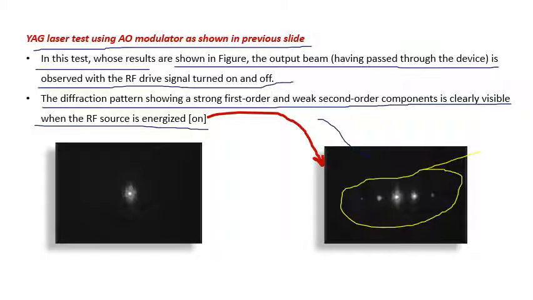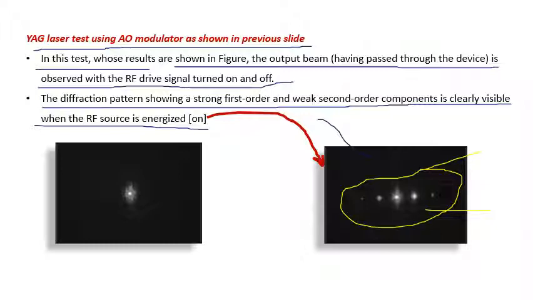This is the diffraction pattern: second order, third order, fourth order, and so on. So this is how it works when the light is passing through and you turn on the switch and it is energized. In this case, you can clearly see the diffraction and deflection.